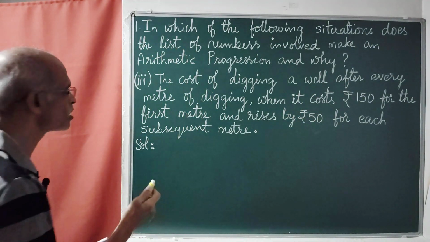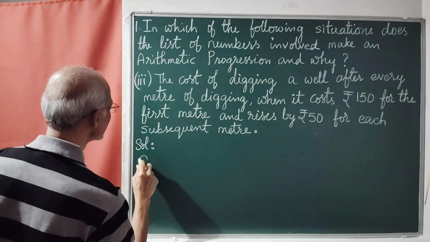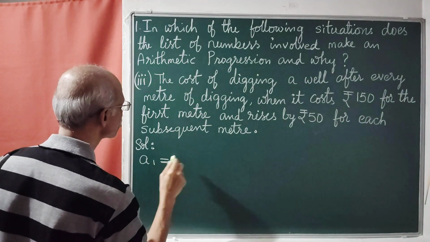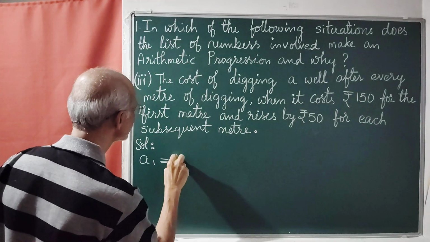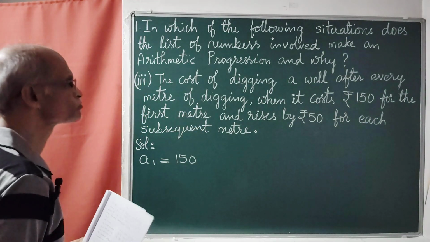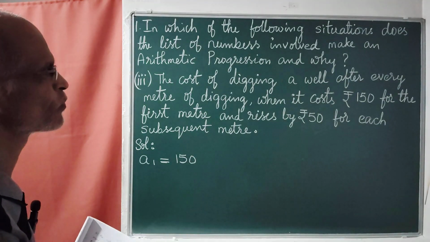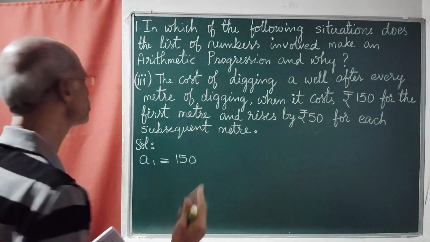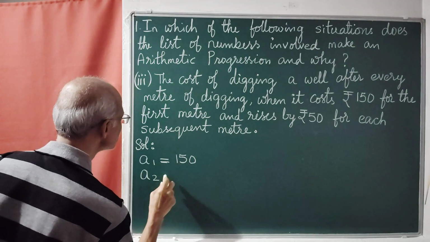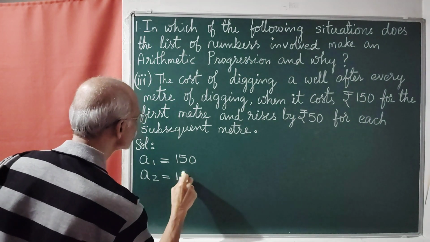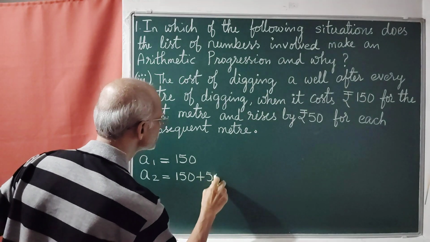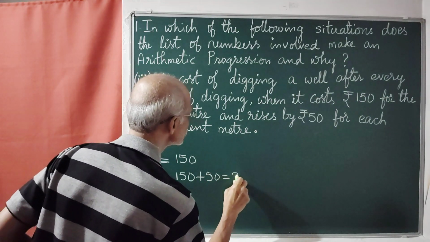So the first term will be A1. For the first meter it will cost rupees 150. So the first term will be 150. Now if you want to dig it for 2 meters, we have to pay how much? We have to pay 150 plus 50. That is 200.